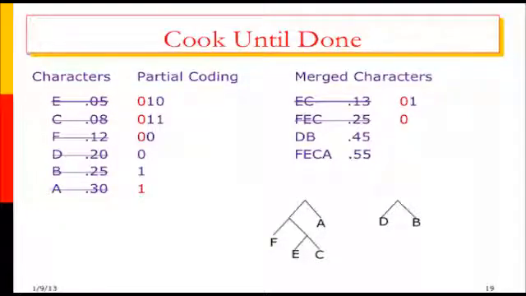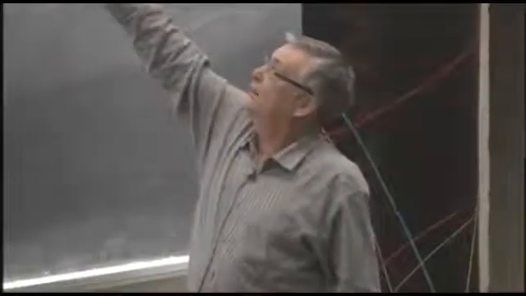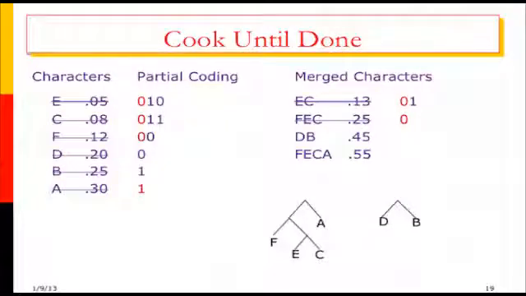FEC had a lower chance, so I arbitrarily, but not necessarily, put the FEC to the left and the A to the right, and we have that little tree diagram there to indicate them. So the deal is that A is going to be represented by some junk followed by a 1. The FEC will be some junk, but different junk than A, followed by a 0. So I haven't finished these off yet, but I'm about to.